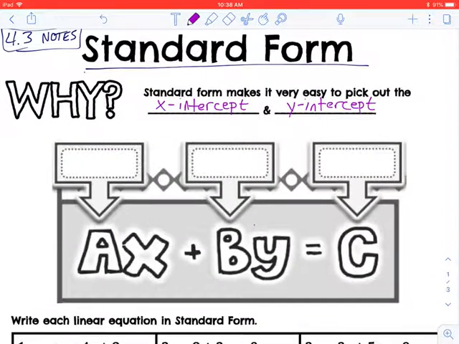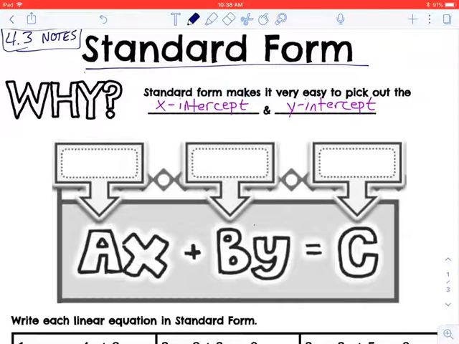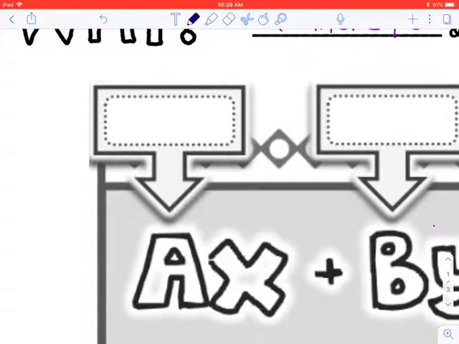Okay? So, standard form is ax plus by equals c, where obviously we have x and y, and then a has to be positive. It's got to be a positive number, and it's got to be an integer.